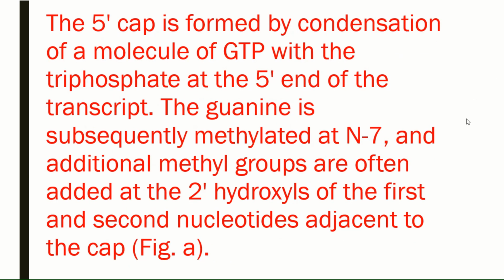The 5' cap is formed by condensation of a molecule of guanosine triphosphate with the triphosphate at the 5' end of the transcript. The guanine is subsequently methylated at N7, and additional methyl groups are often added at the 2' hydroxyl of the first and second nucleotides adjacent to the cap.